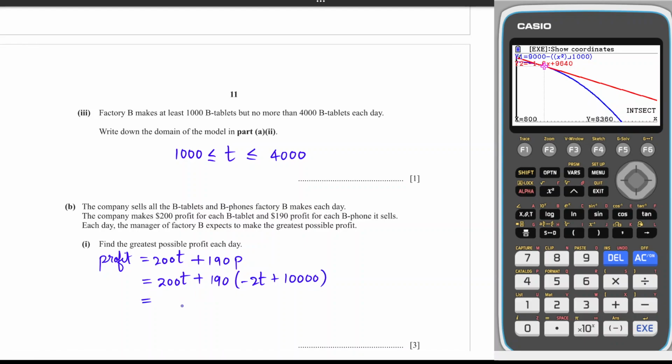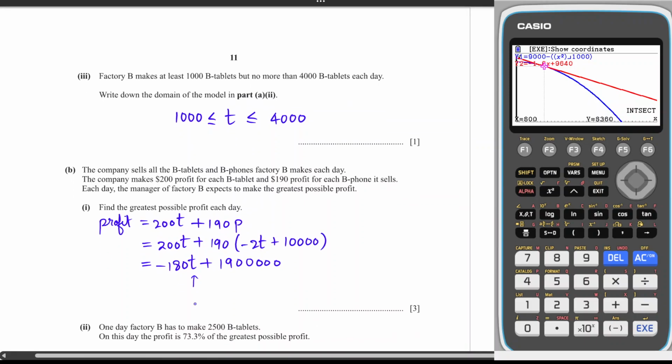That gives me minus 180T plus 1,900,000. So I want the greatest possible profit. So this T should be as small as possible because the coefficient is negative 180. So from the domain, I'll pick up the smallest possible value of T.